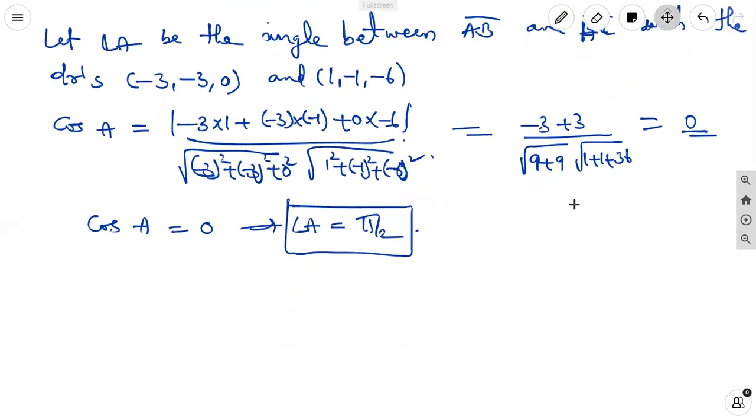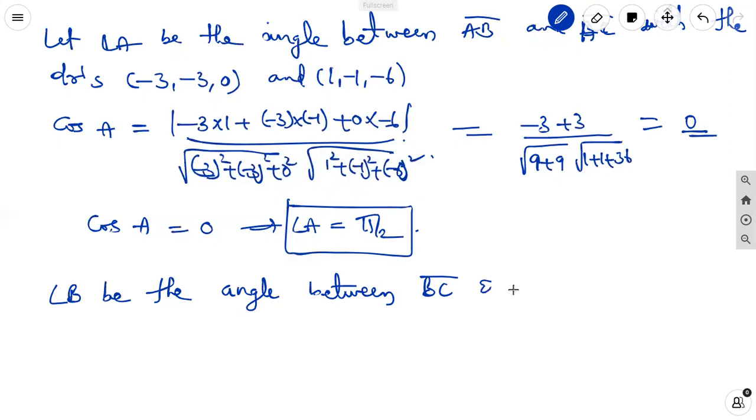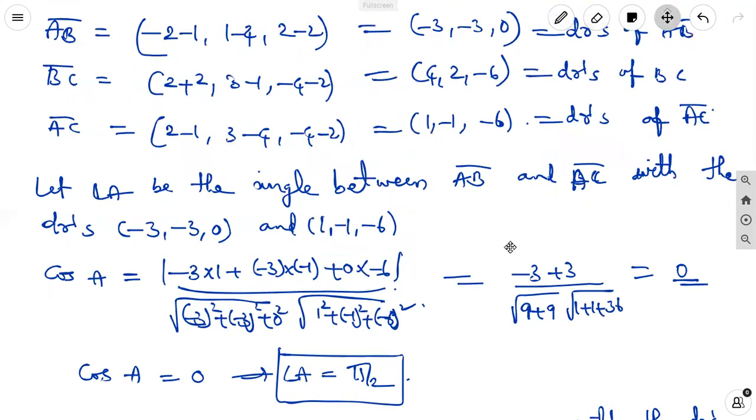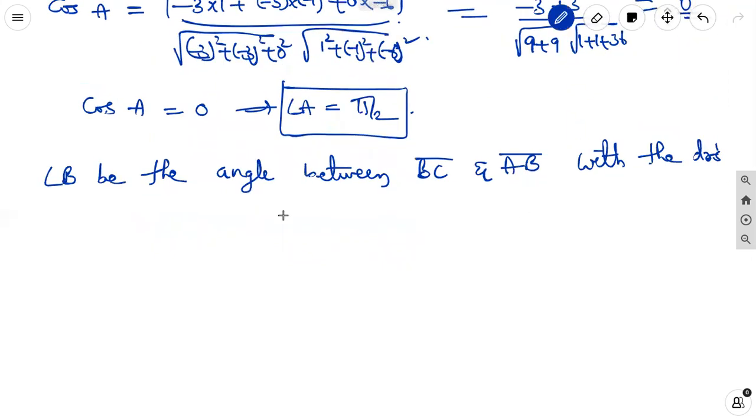Next, taking angle B, let B be the angle between BC and AB with the DRs. BC is (4, 2, -6), AB is (-3, -3, 0).